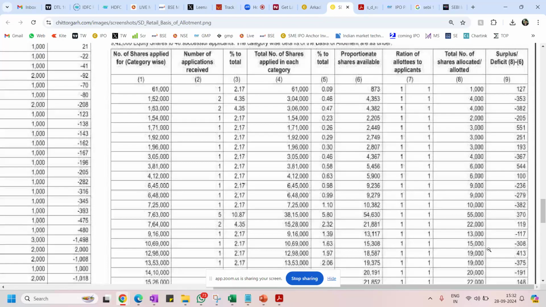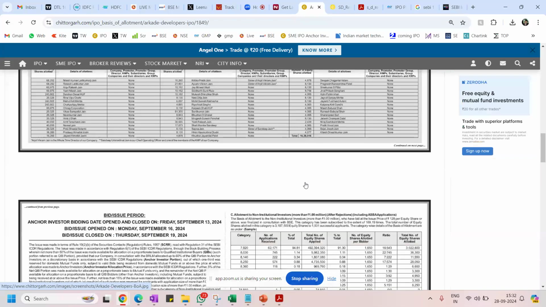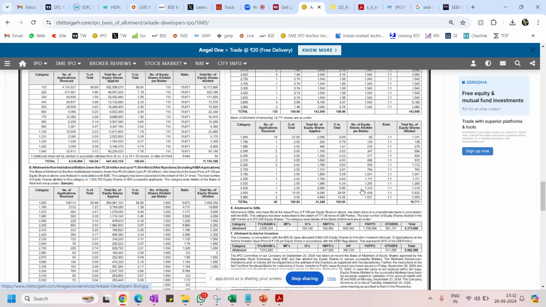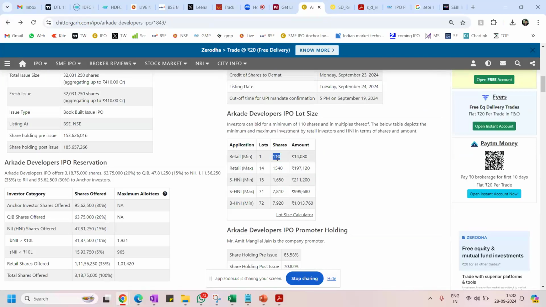So the allocation will vary based on the proportional amount that you apply into the IPO, which is not the case for Arcade. यहाँ पे सबको अगर कितना भी बड़ा एप्लीकेशन क्यों नहीं गया, they will only get 1:1. Okay. If for all the people who applied from 1 lot to 13 lot, everybody will get only 110 shares.